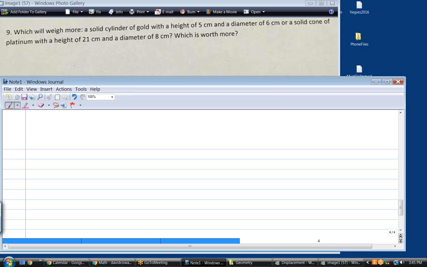Okay, tell me how to do 9. We would take the volume and multiply it by the density to get the... Okay, so where do we start? What's the volume of the gold equal to? It would be pi r squared times height, so it would be 5 squared.